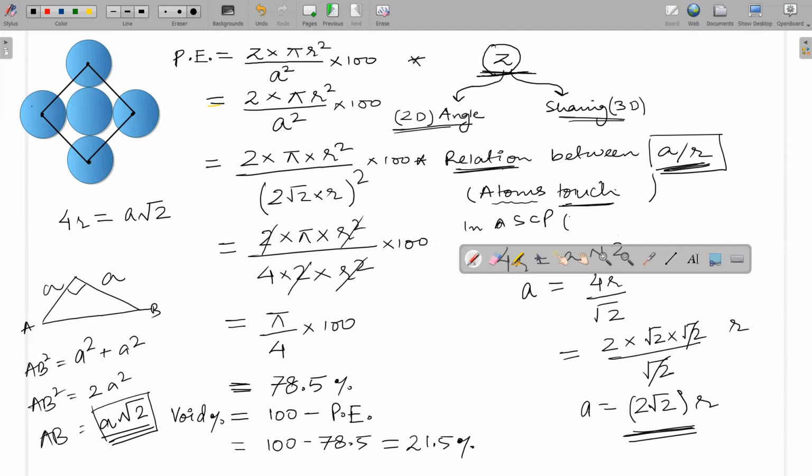I can use the numbers 1, 2, 3, 4, and 5. Which are the atoms that are touching? All the four are touching 5.